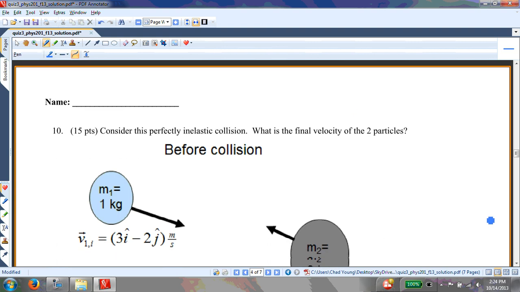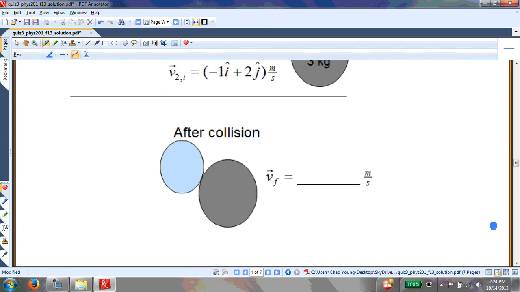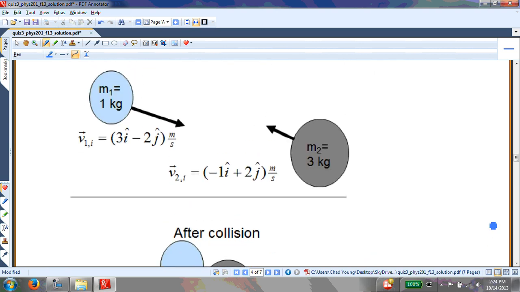All right, now consider this perfectly inelastic collision. What is the final velocity of the two particles? There's before the collision, and then after the collision, they stick together. So I'll work it right here on the side. I know that my initial momentum equals my final momentum. My initial momentum is just mass times velocity, so that's 1 kilogram times (3i minus 2j), plus 3 kilograms times (negative 1i plus 2j).